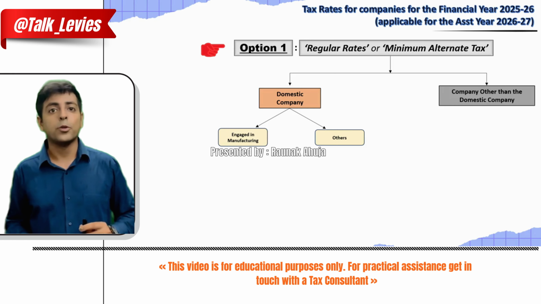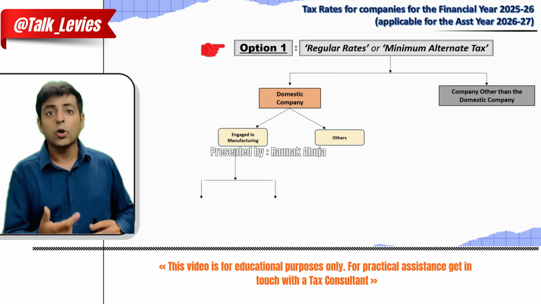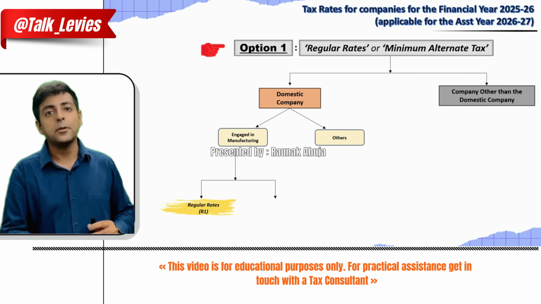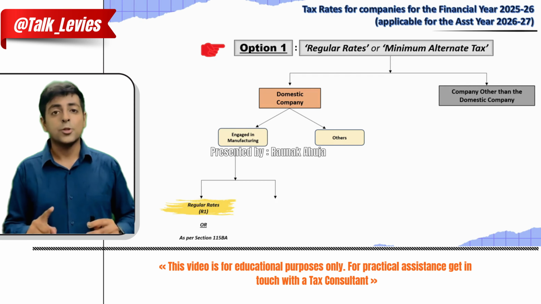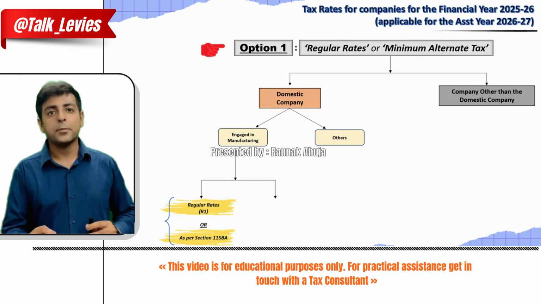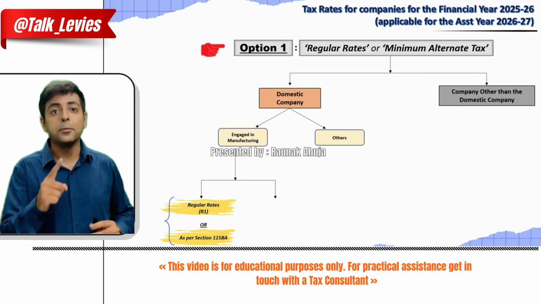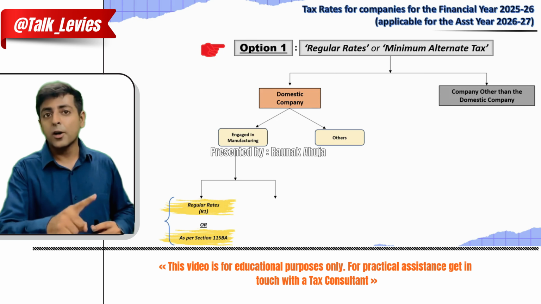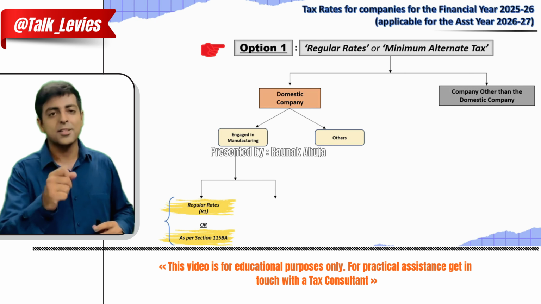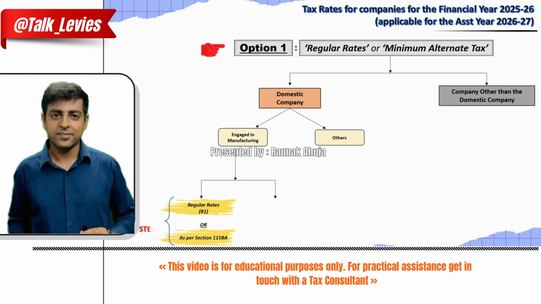The first step would include calculating taxes as per R1 or regular rates of tax or as per section 115BA. So there's an option available to companies engaged in manufacturing. Yes, either they pay taxes as per R1 or as per section 115BA only if they satisfy all the conditions mentioned in that section. This would be the first step.